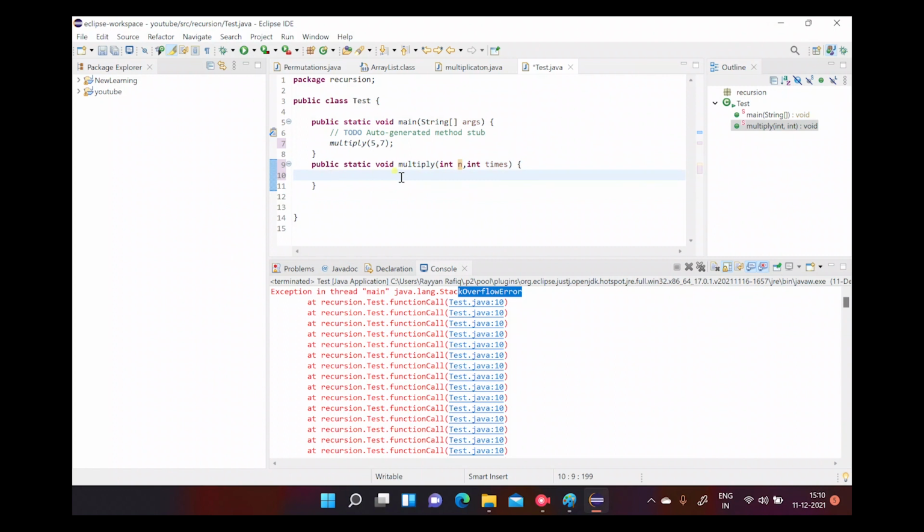We are going to ask the same question to ourselves on a smaller input, that is, what is multiply, so our 5 is basically n, and what is n times minus 1, right?